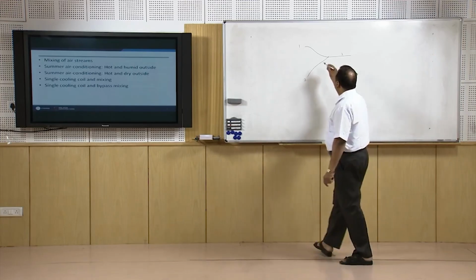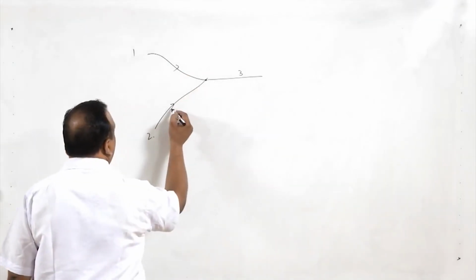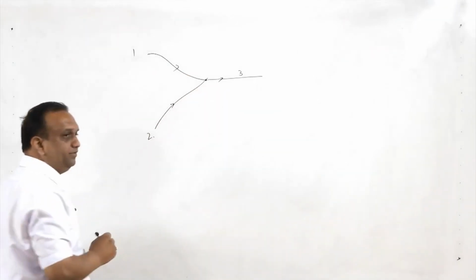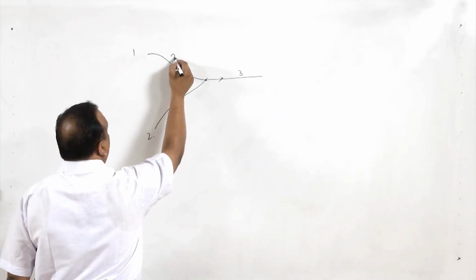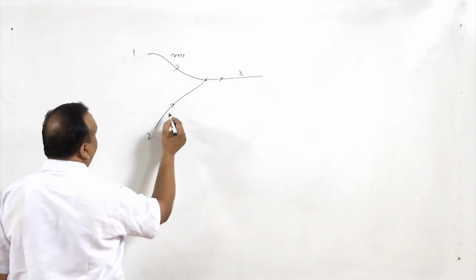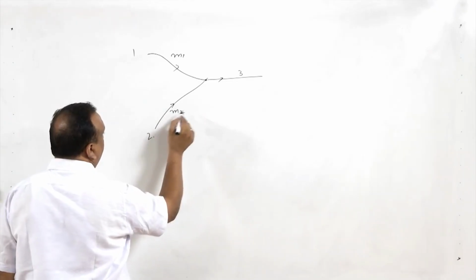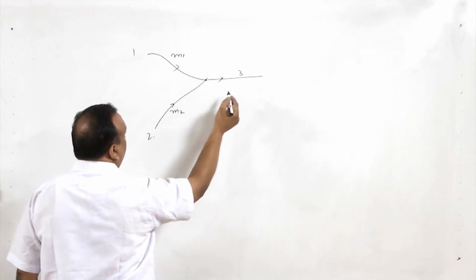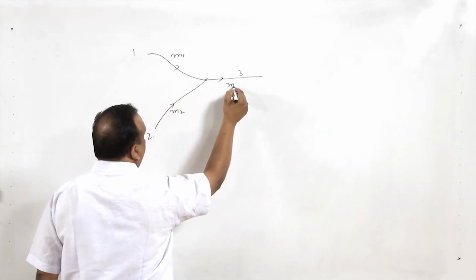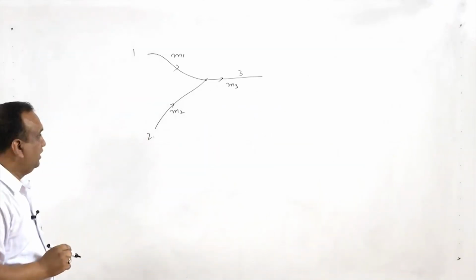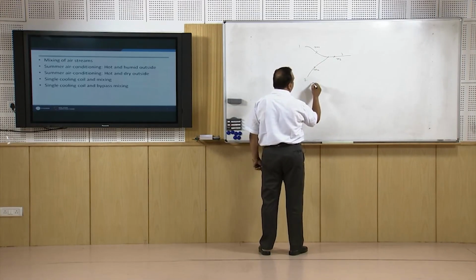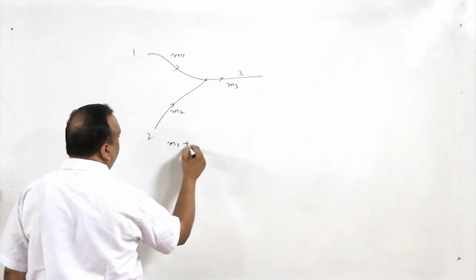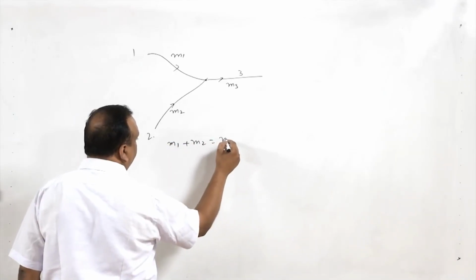processes. So, if there are two streams, stream 1 and stream 2, and they get mixed and form stream 3, mass flow rate in stream 1 is M1, mass flow rate in stream 2 is M2, and mass flow rate in stream 3 is M3. Now, by law of conservation of mass, we can always write M1 plus M2 is equal to M3.